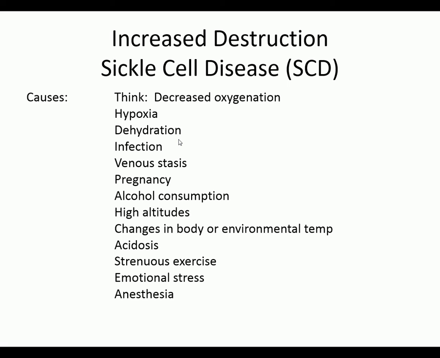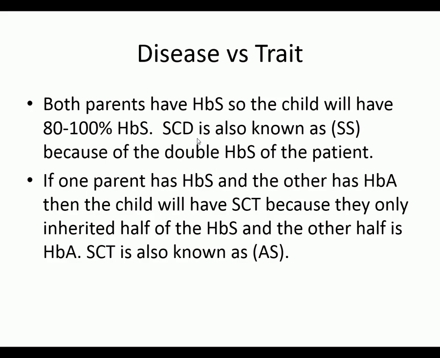Organs that tend to be affected by sickle cell disease are your spleen, your liver, your heart, kidneys, your brain, joints, bones, and your retinas. Now, we've talked about sickle cell disease. There is also sickle cell trait.